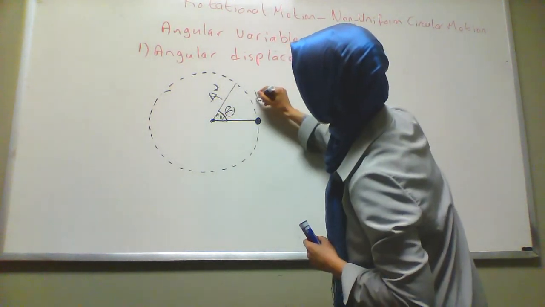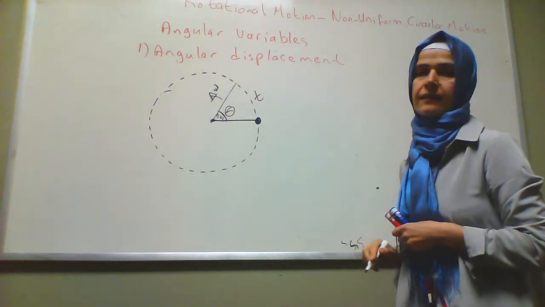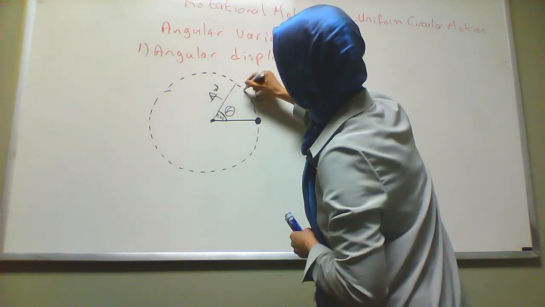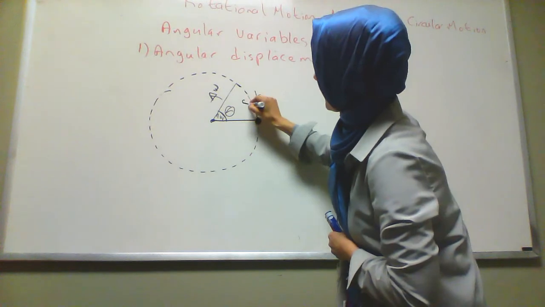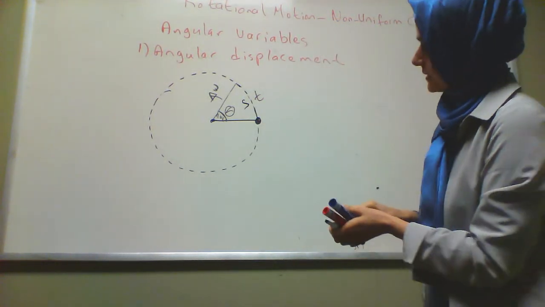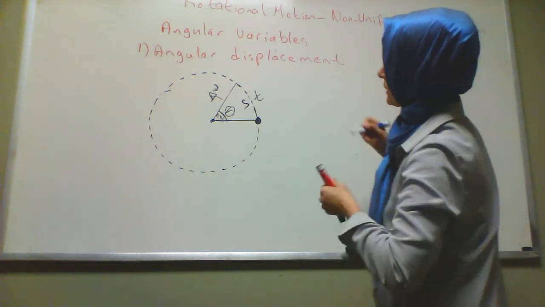So if the time passes t, and theta is the angle spanned, and this distance you traveled along the circle is s, generally called s. This distance you traveled along the circle is actually the arc length you traveled.